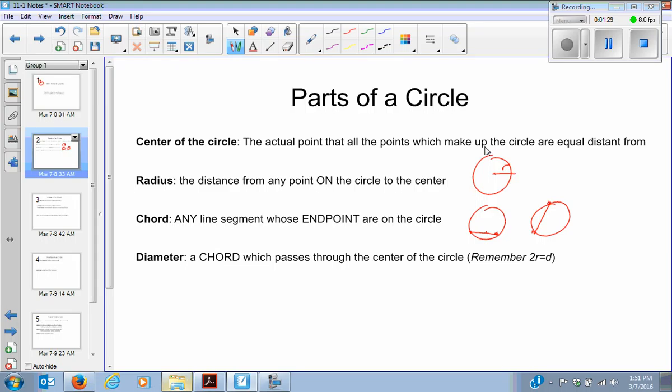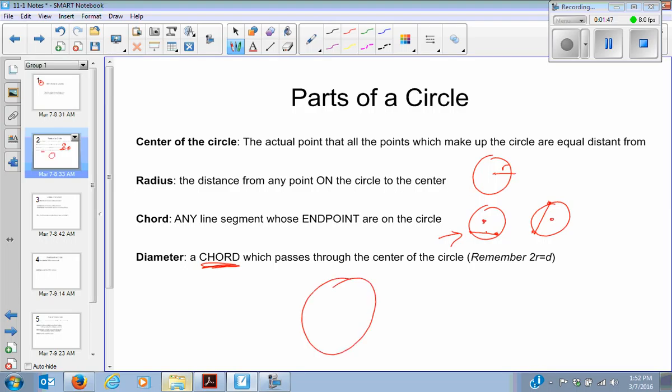And then we have a diameter, which is really a chord. A diameter is a special chord that passes through the center of the circle. If you look at these chords that I drew right here, they don't pass through the center, so they're chords, but they're not diameters.